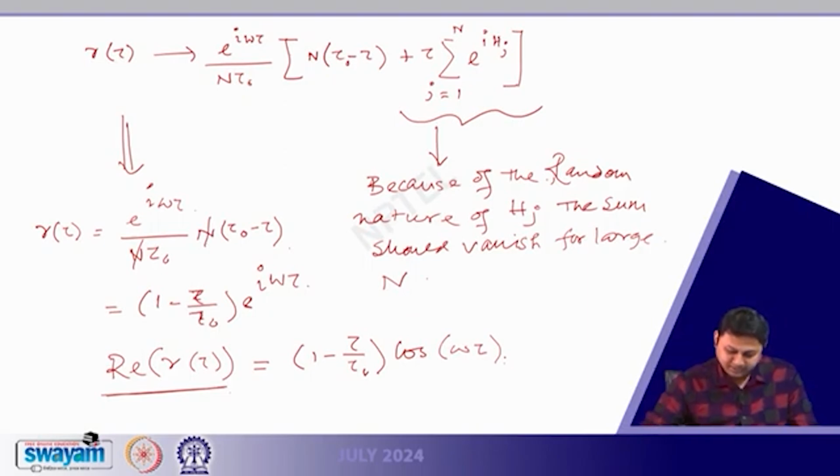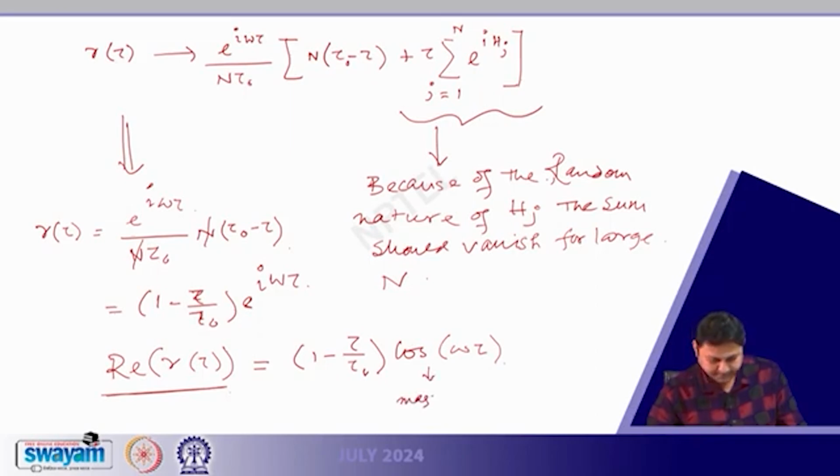So this is basically the magnitude of the degree of coherence.